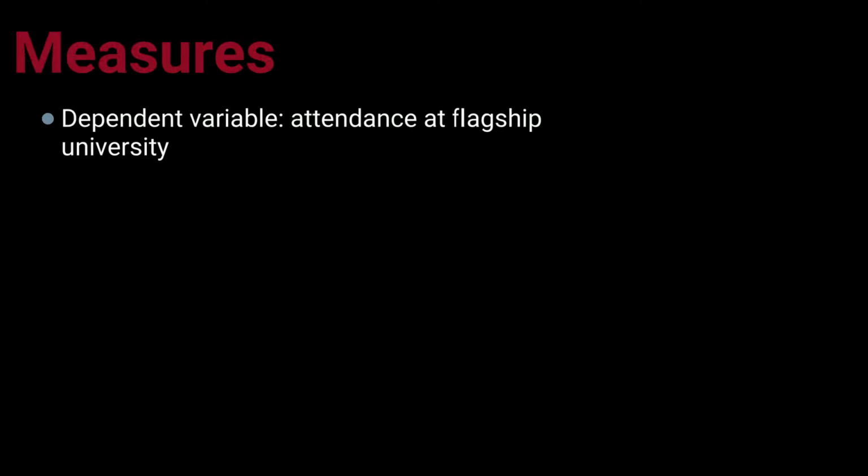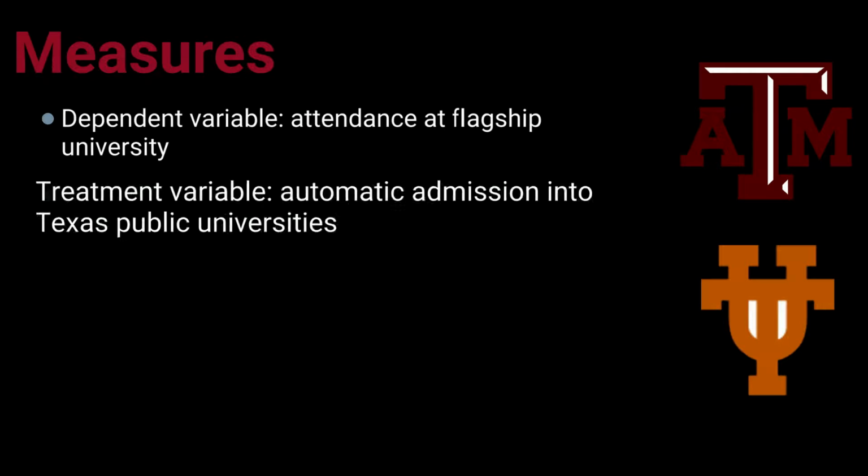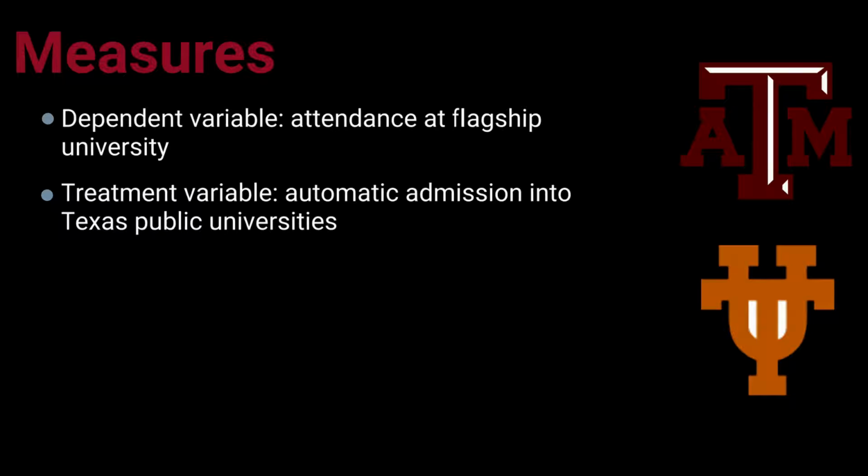The dependent variable, or outcome of interest in this study, was attendance at one of 2 Texas flagship universities, University of Texas Austin, UT, or Texas A&M University, TAMU. The treatment variable is automatic admission into Texas public universities. The cut point variable was the top 10th percentile rank, or the decile, in high school graduating class.